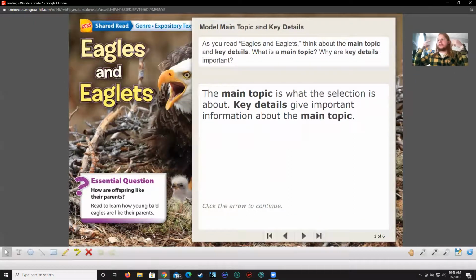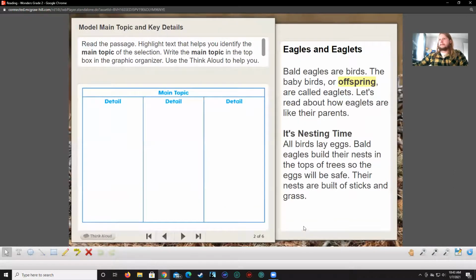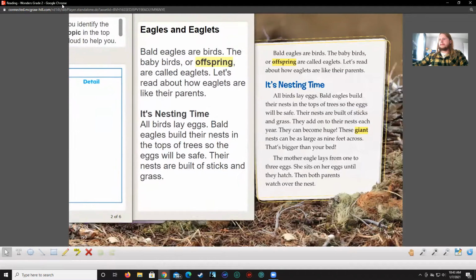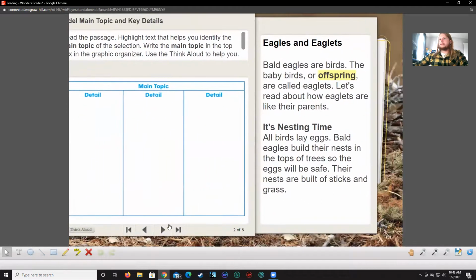So in order for you to find the main topic, ask yourselves what the text is about. And you can find key details by looking for important information about the key topic. So I'm going to read page 151 and 152.